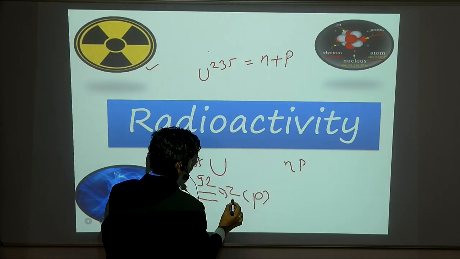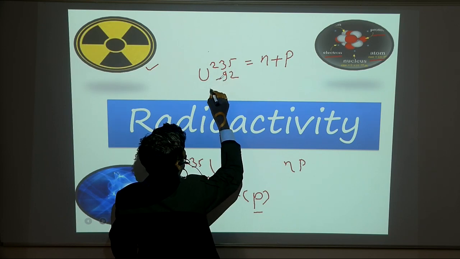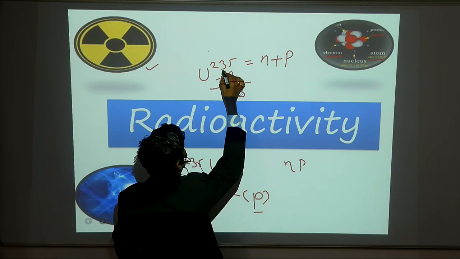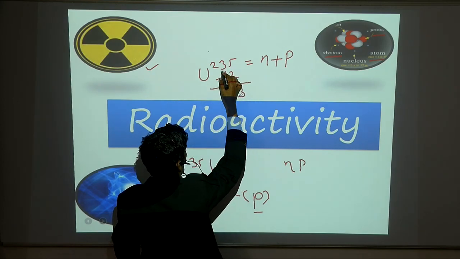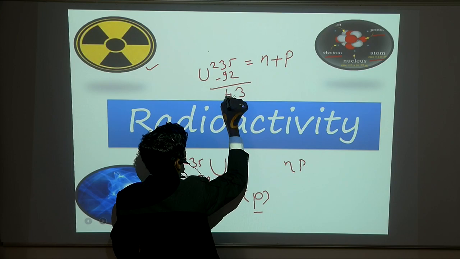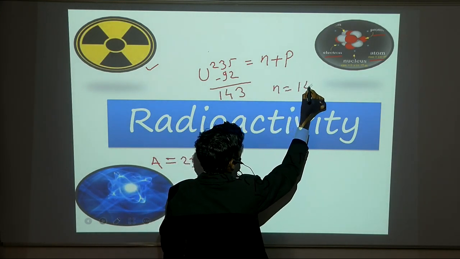Here the proton number is 92. When we subtract 92 from 235, we get 143. So here the neutron number is 143.